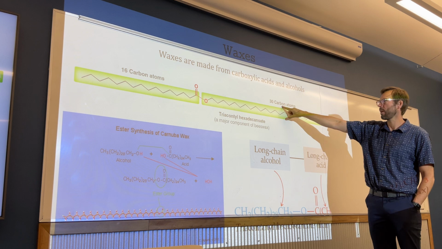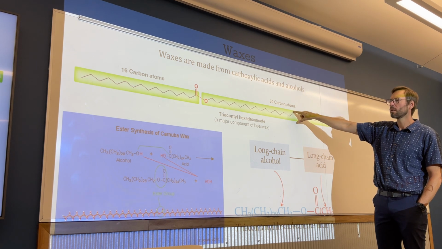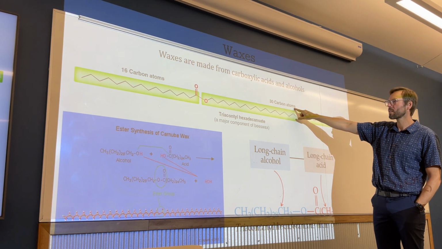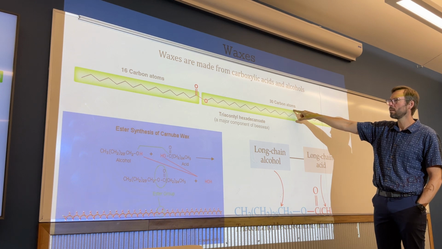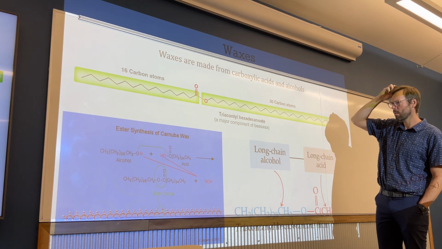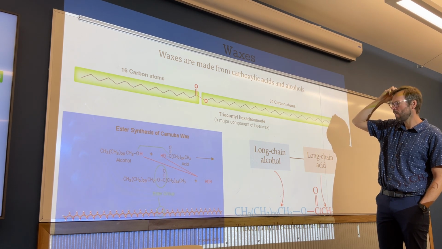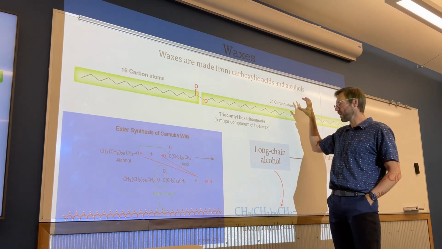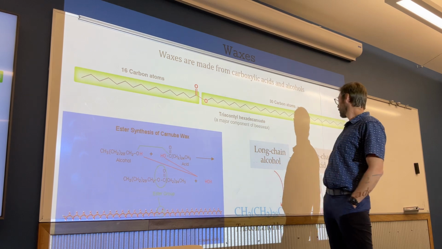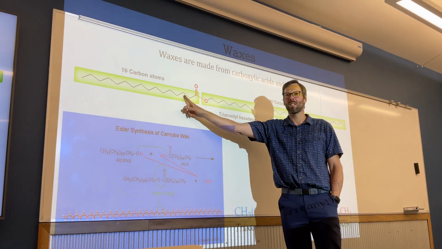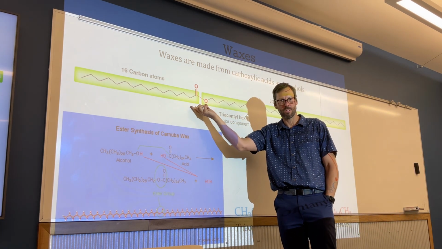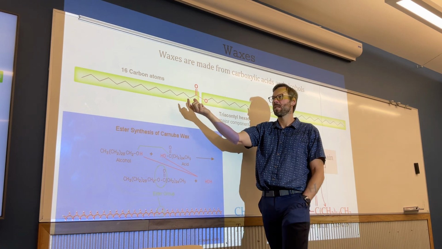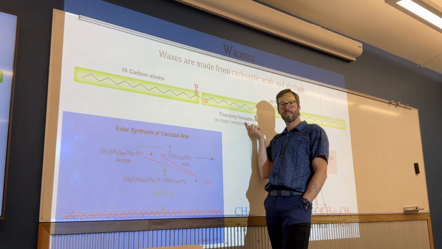We put together a 30 carbon, this is probably the carboxylic acid. I guess it's depicting this probably as the alcohol. But anyway, we put an alcohol together and we put a carboxylic acid together to form an ester. And 16 carbons and 30 carbons makes it this wax.